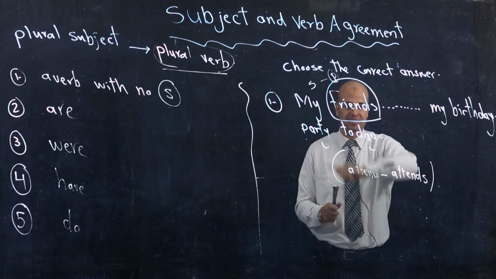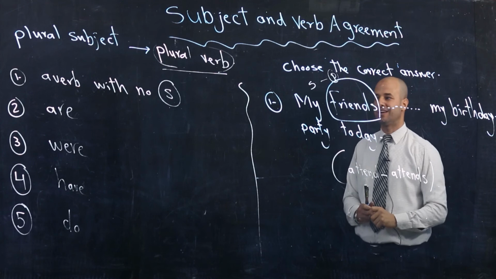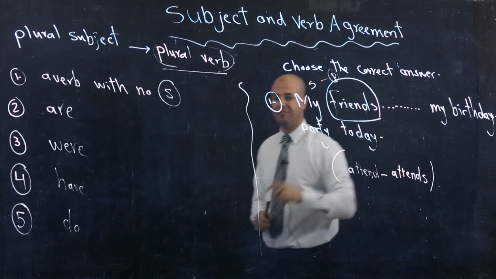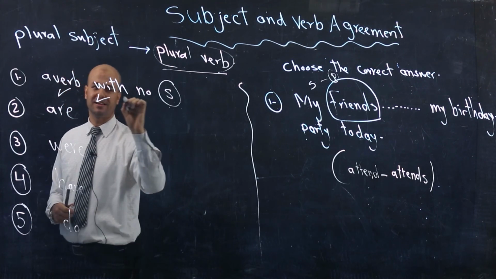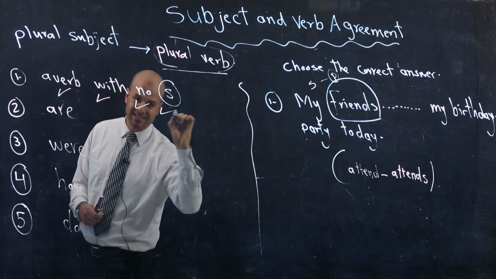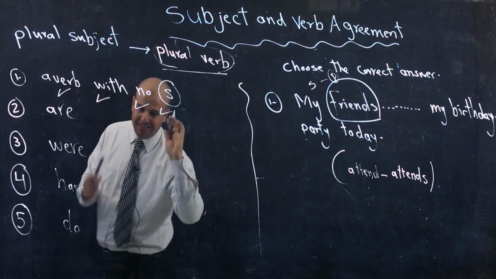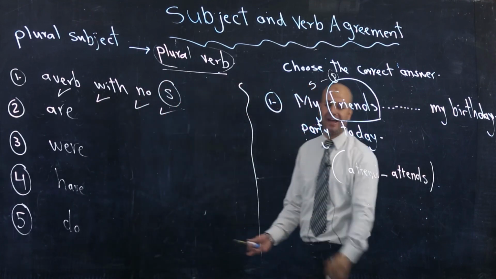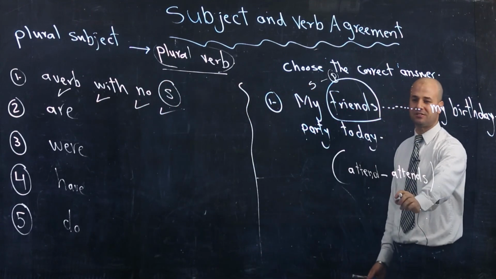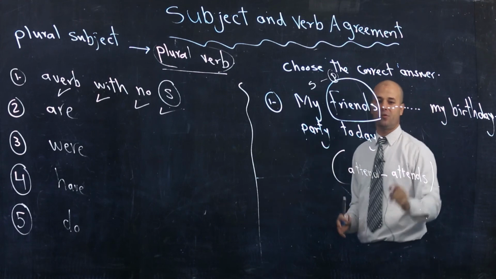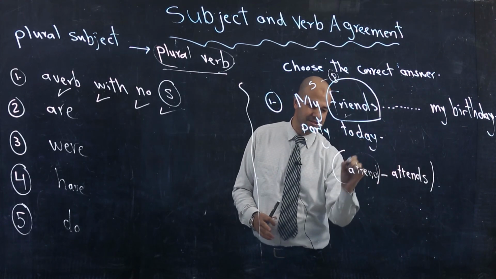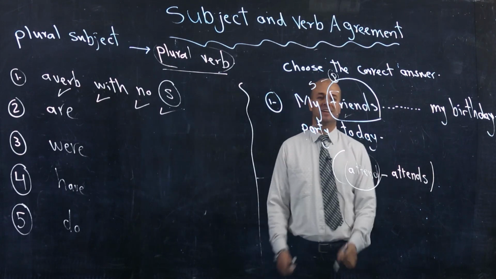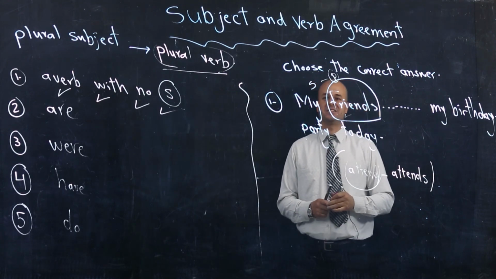So it needs a plural verb here. So a plural verb, a verb with no s. That's called infinitive. So the right answer here is, my friends attend. My friends attend, my dear students.